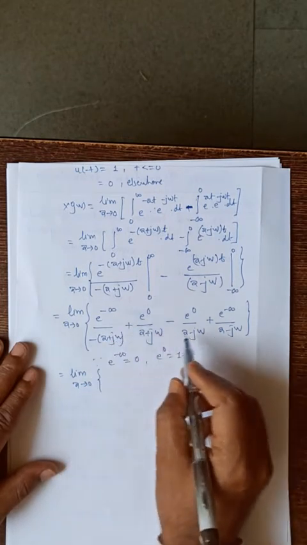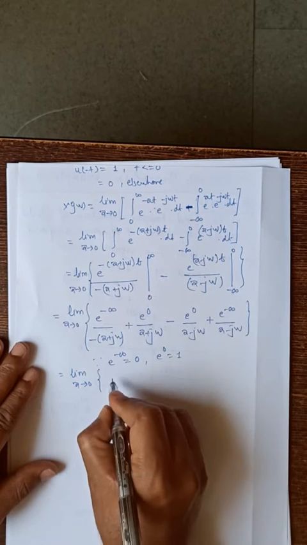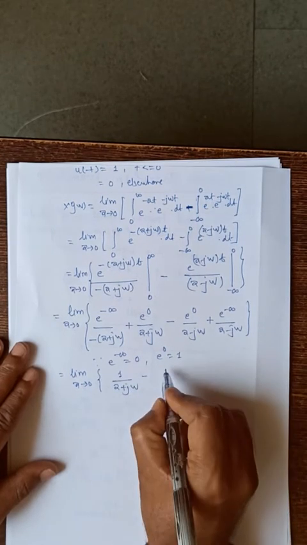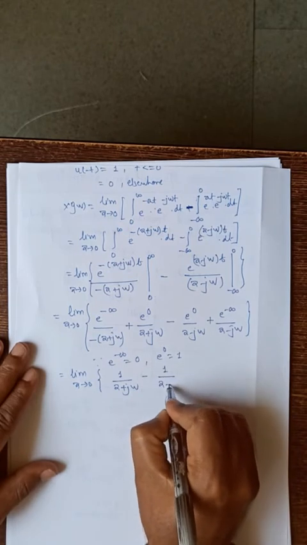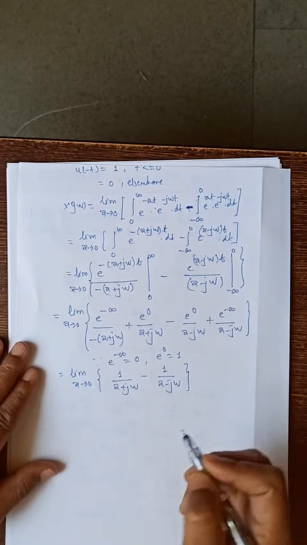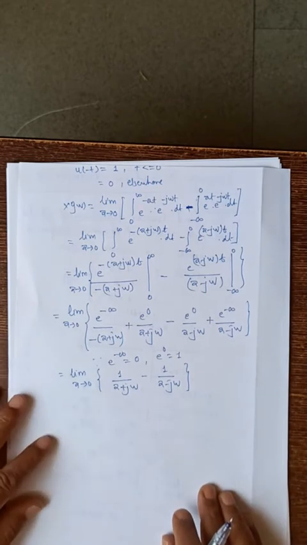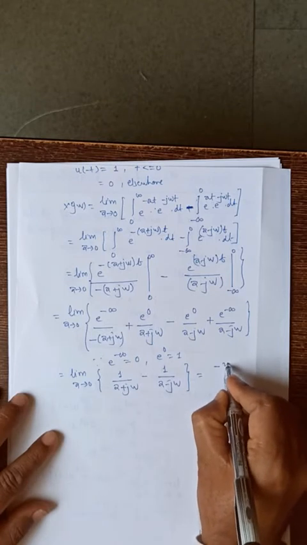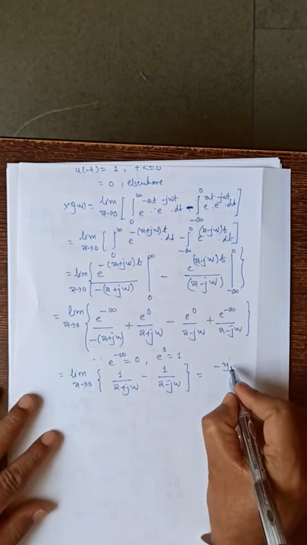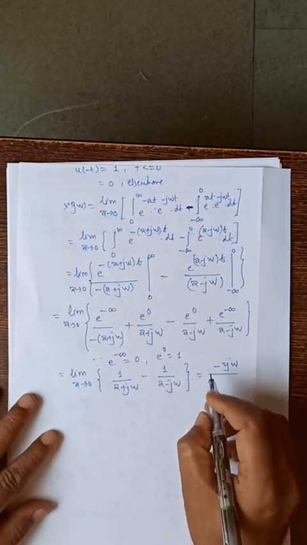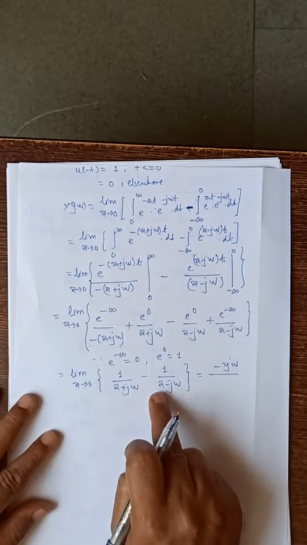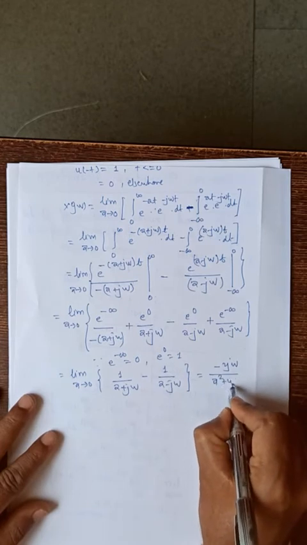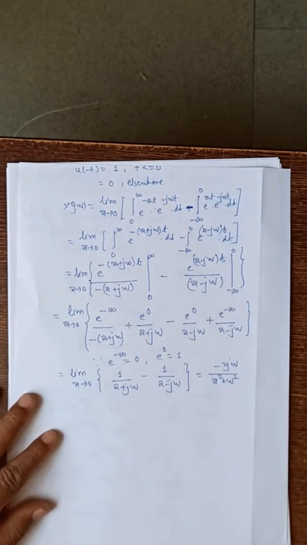So this is equal to 0, this is equal to 0, and e raised to 0 is equal to 1, so 1 divided by a plus j omega minus 1 divided by a minus j omega, right? So this is the reduction, that is equal to minus 2 j omega divided by, so (a plus b)(a minus b) is a square minus b square, so this is a square plus omega square.